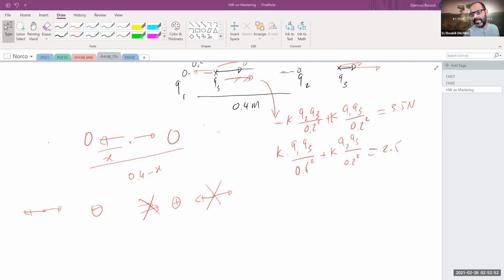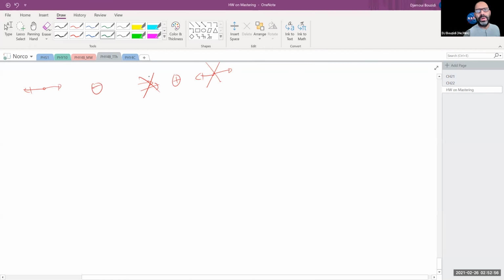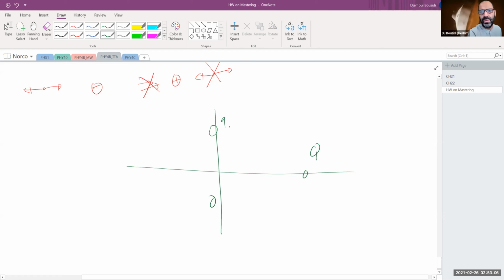Okay, here is a problem. Let me draw it. So you have a charge in here and you have a charge in here, and they're sitting on the y-axis, and there's a third charge in here, Q. So this is Q1, this is Q2, they're by symmetry in there. One of them is positive, the other one is negative, so you have to be careful in here. The positive is on the top, so it's repelling it.